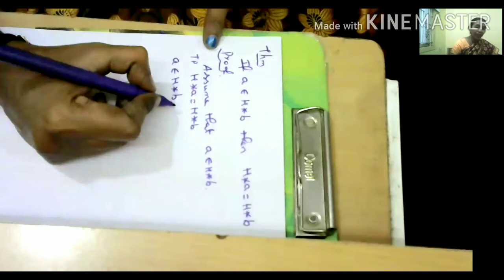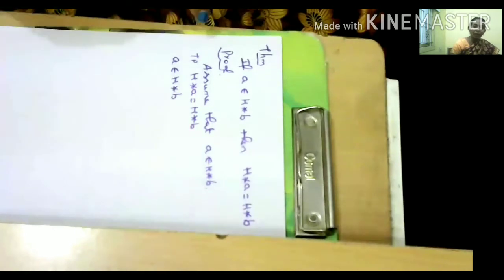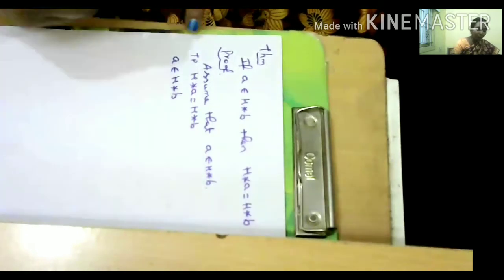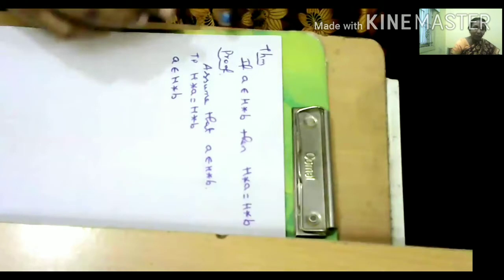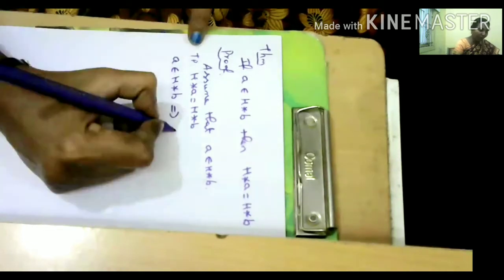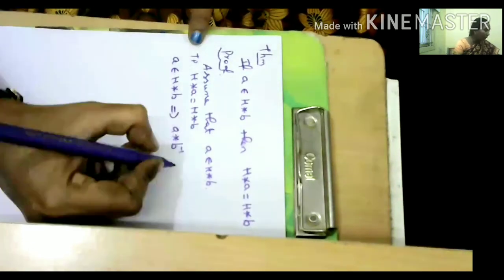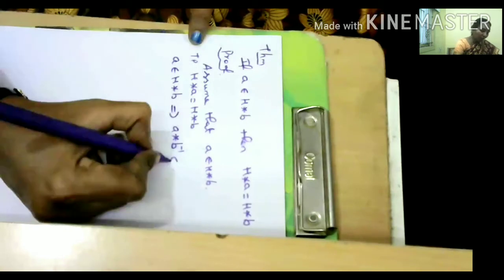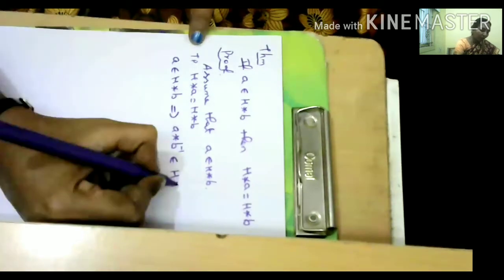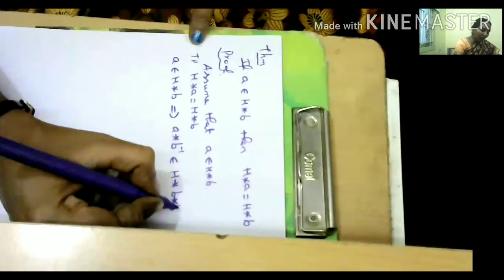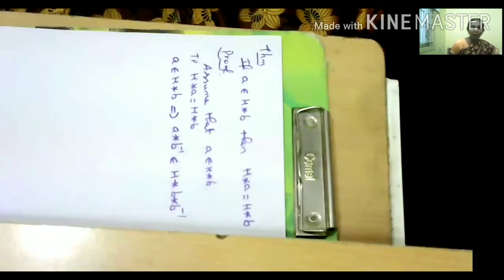So we multiply both sides by b inverse. Multiplying b inverse on both sides, what do we get? a star b inverse belongs to H star b inverse.